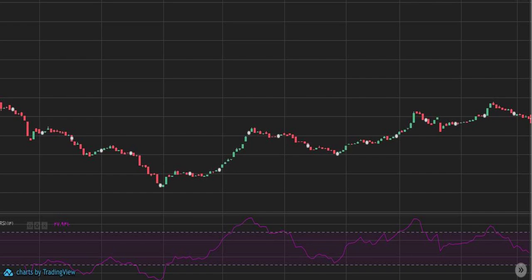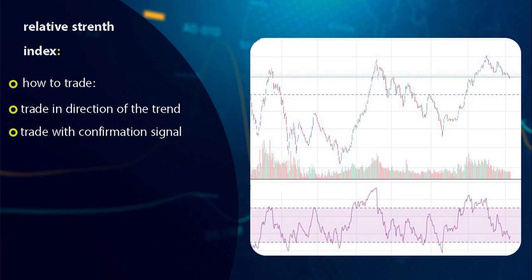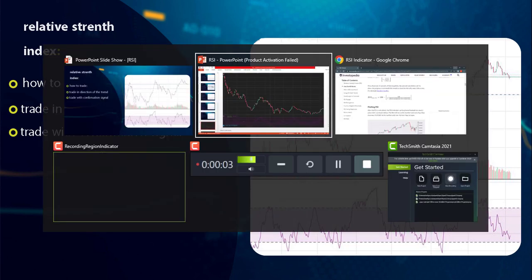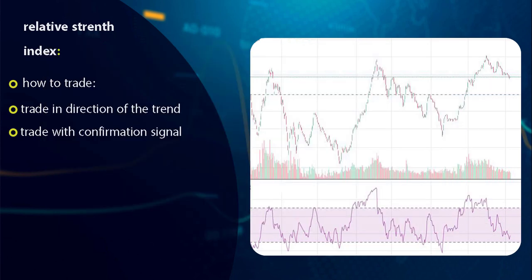Okay guys, let's continue. How to trade with this indicator. To trade with this indicator, we should first take trades in the direction of the trend.